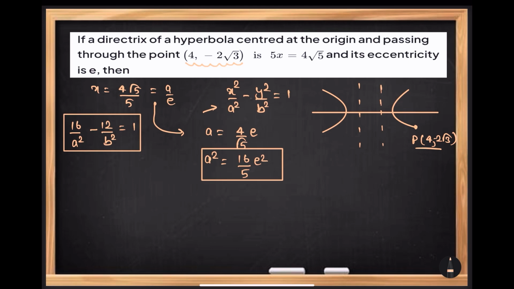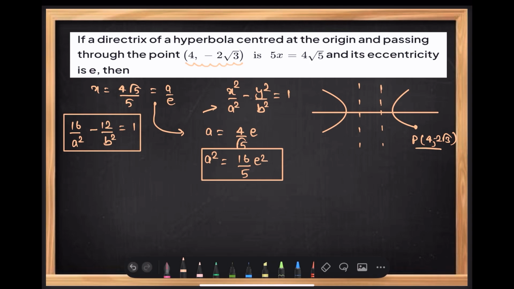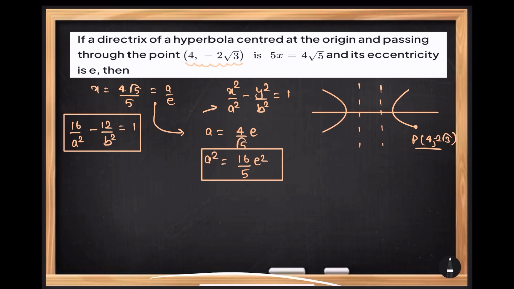Now we have satisfied the point. Now do you know the relationship between a, b and e? Because we have used both the situations. We have used this situation where this point is satisfying that curve, and we have used this directrix as well, and still we are lacking.